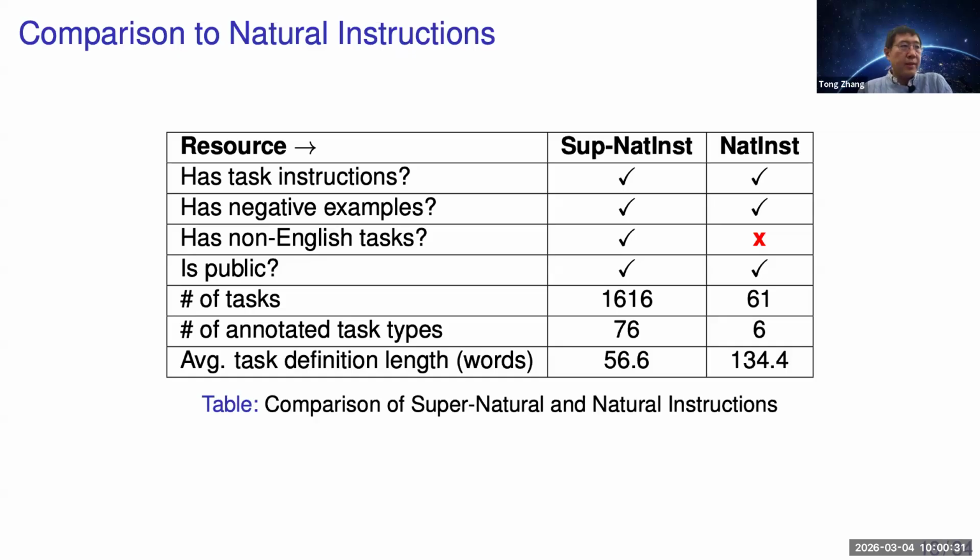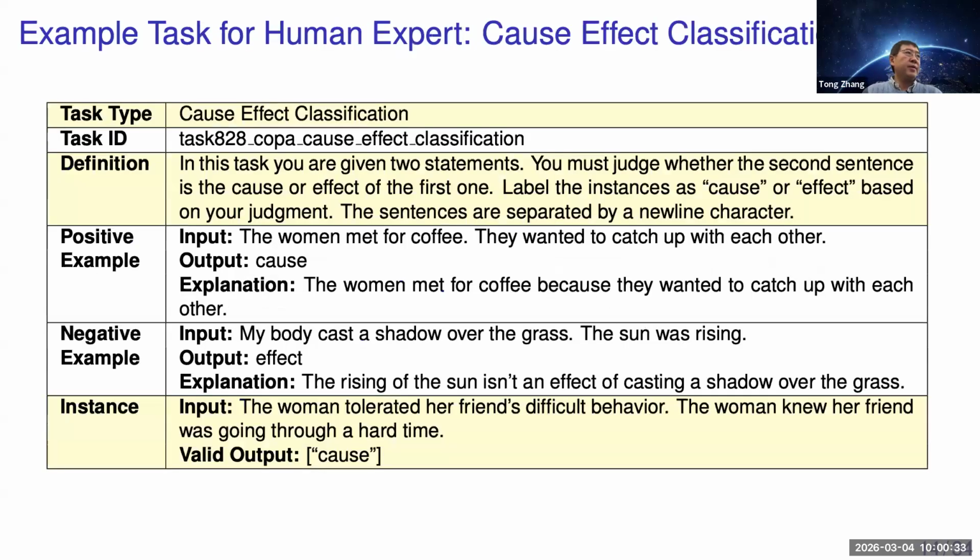So here is an example. There is a task type, task ID, and task definition. Basically, it's a causal effect classification. In this task, you are given two statements. You must judge whether the second is the cause of the first one.